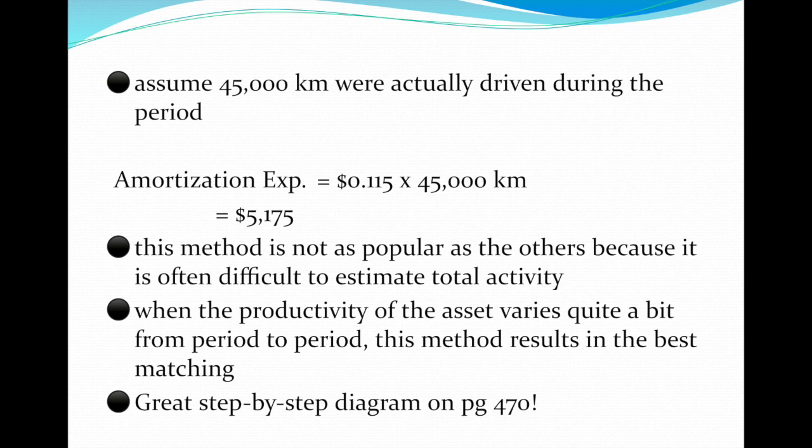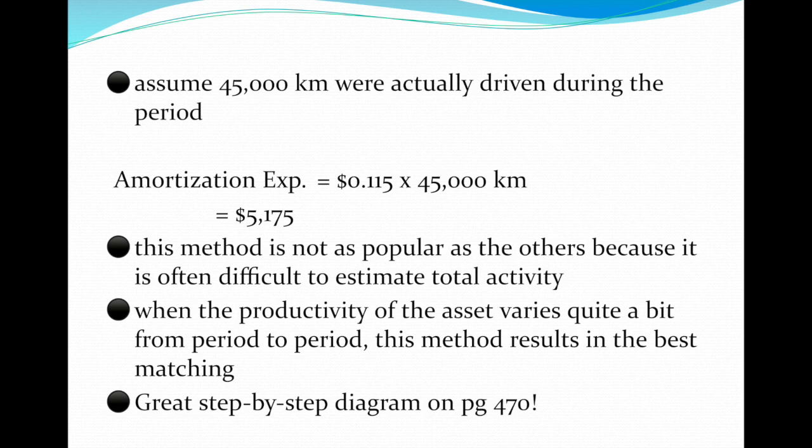Now, there is a great diagram that you should check out on page 470. It's illustration 10-12, and it just shows the process of the calculation. So check that out, super useful. In terms of the math involved, we have a simple example here.